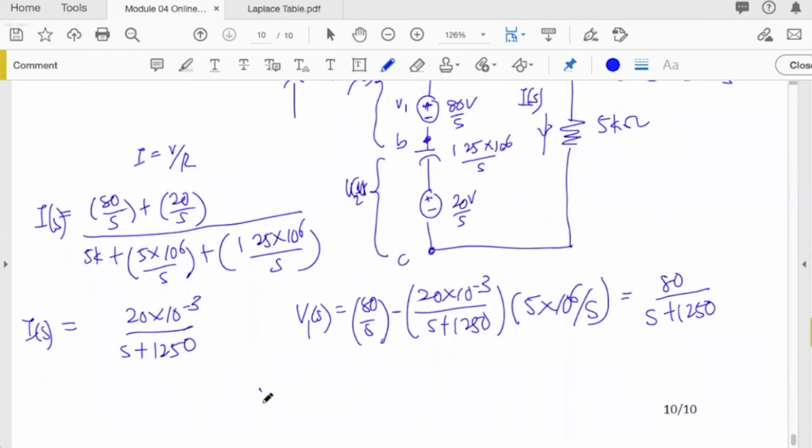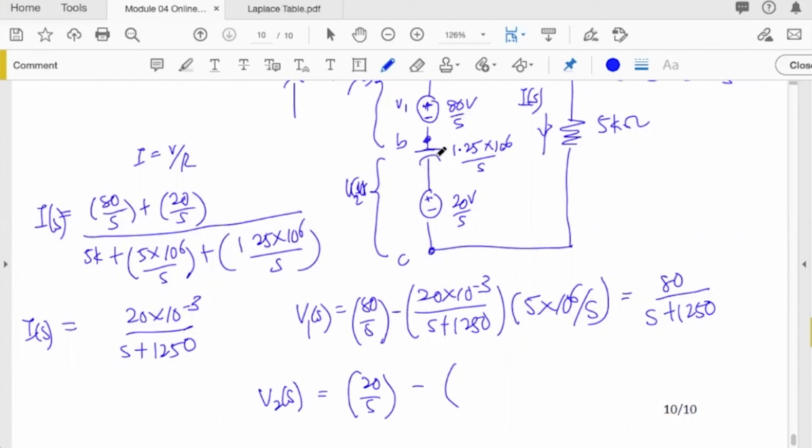Inside your V2s, again, you have your initial values. This initial value is 20 divided by S, and you have the voltage being developed inside your capacitor 2, which is 1.25 times 10 to the power of 6. So the voltage being developed in here will be reduced by the initial voltage, so it's minus here.